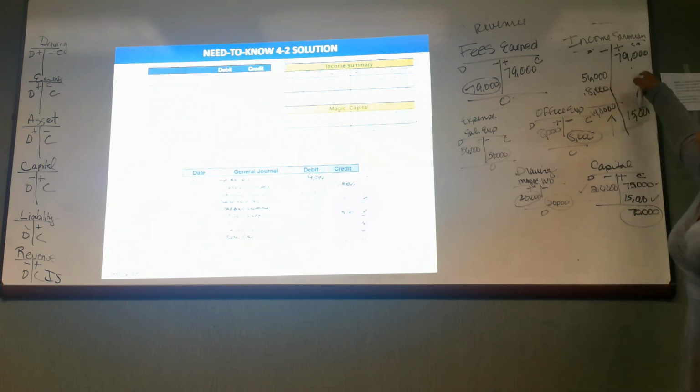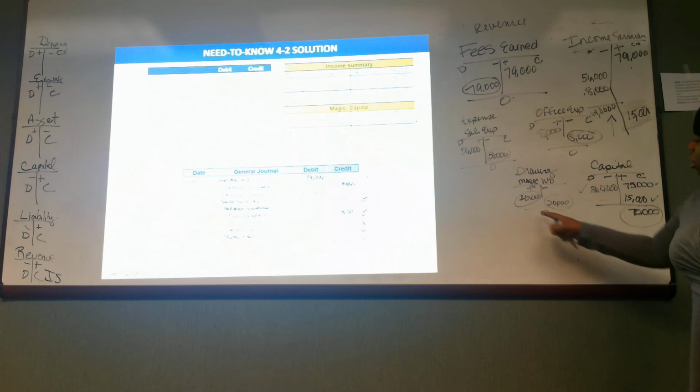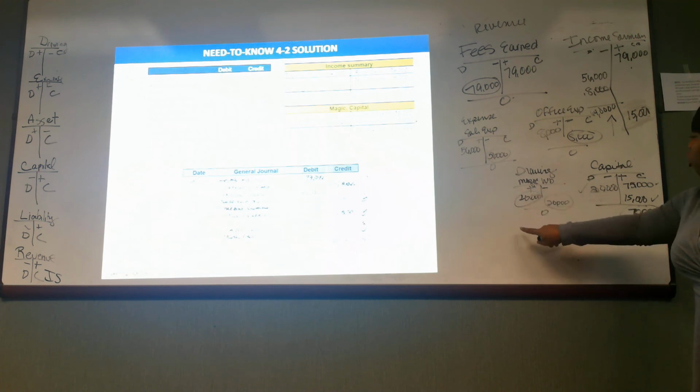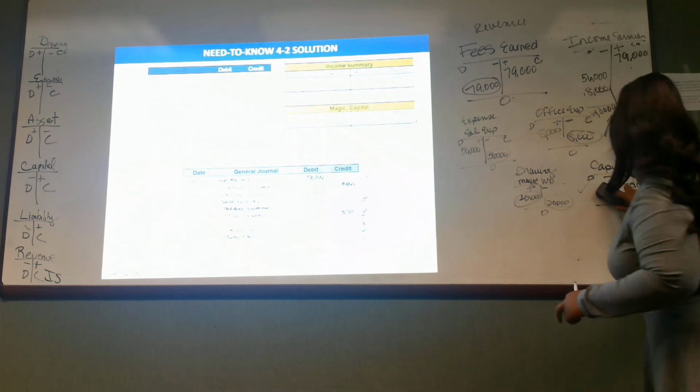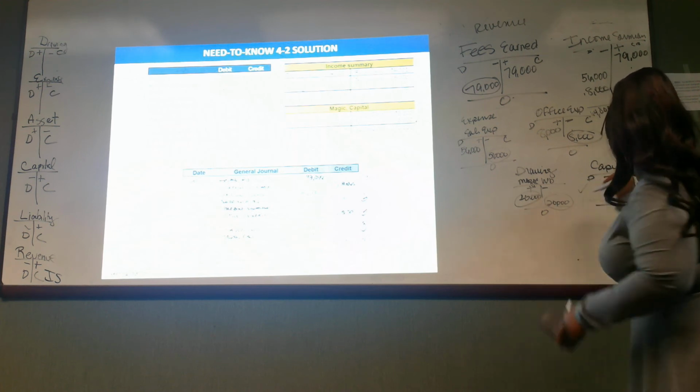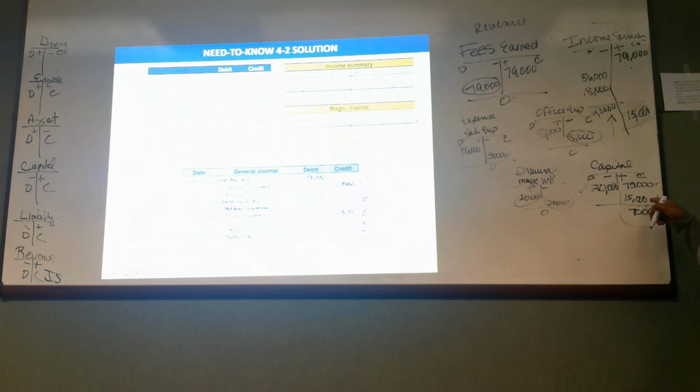So the drawing account was what was incorrect. The actual account was right, but the offset should have been to capital, not income summary. That makes this entry 15,000 instead of the $5,000 we were looking at before. I joined two entries together.